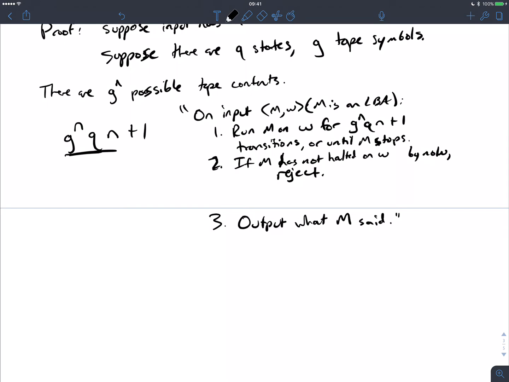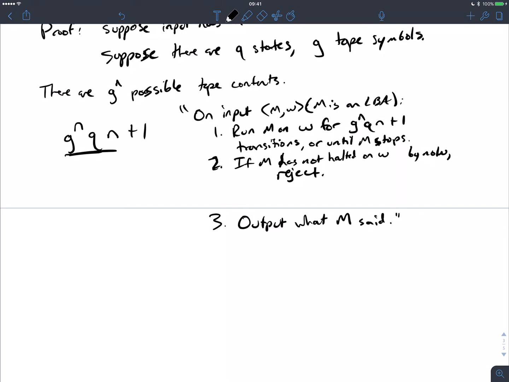And in the third step, it must have stopped before then, so we just output whatever it said. If it accepted W, we accept; otherwise we reject. And so now we can actually detect if this LBA can accept this input W, because we can detect an infinite loop. A_TM is undecidable because we can't detect all possibilities of infinite loops. We can detect some clearly by here, but we can't detect them all.